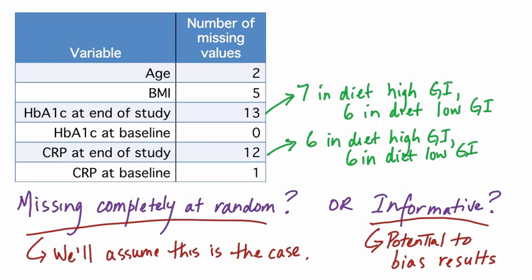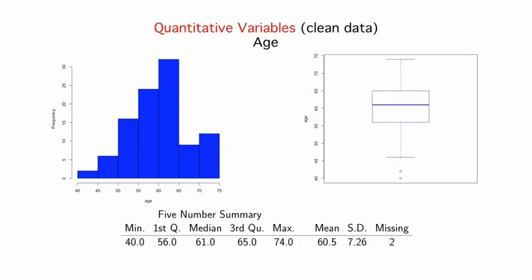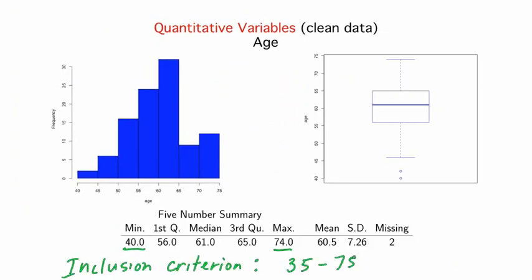Now that we've got rid of those 999s, let's go back and take another look at the quantitative variables. Looking first of all at age, our subjects ranged from 40 years old to 74. Our inclusion criterion for age was 35 to 75 years. So we didn't recruit any subjects quite as young as our lower limit.